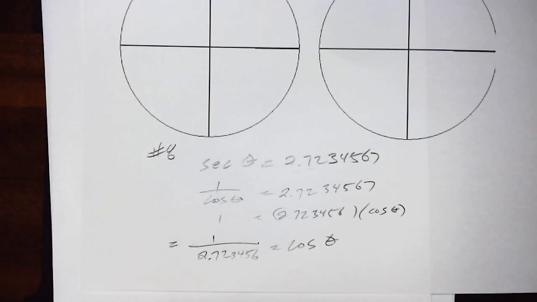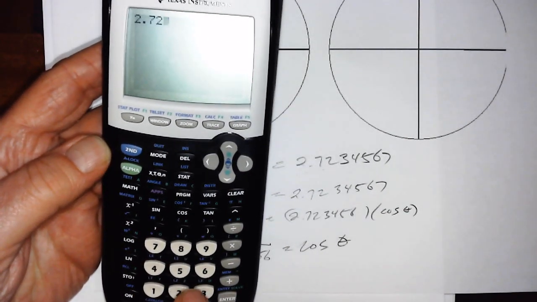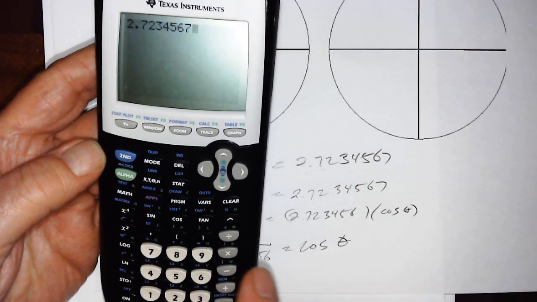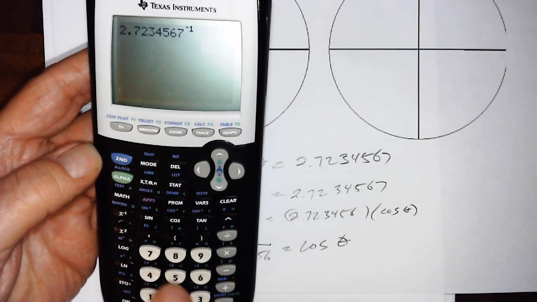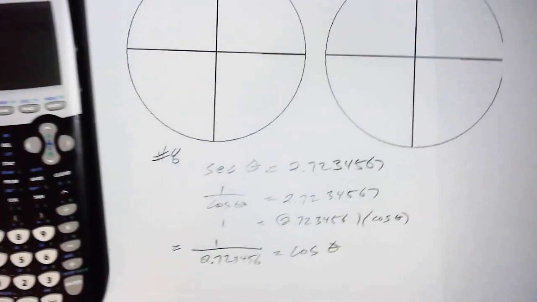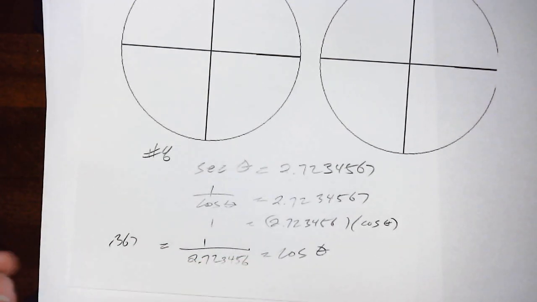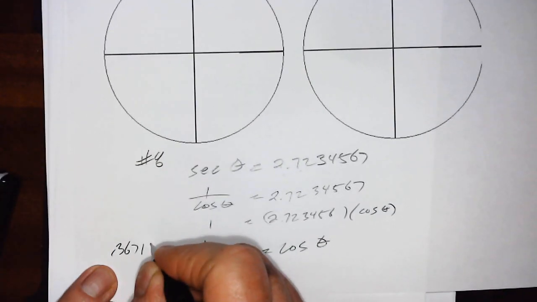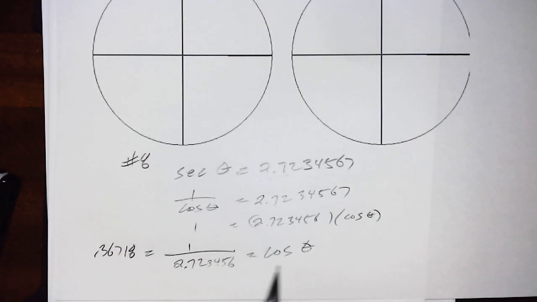What is the inverse of 2.72 and so on? Let me put that in here. 1 over that is, where's my 1 over? Yeah, the inverse is 0.36718. That is the cosine of this angle.